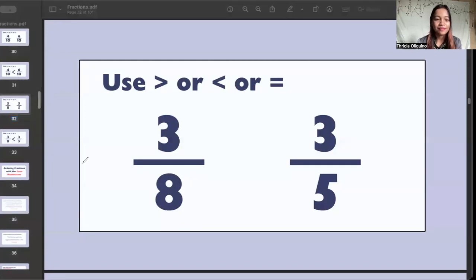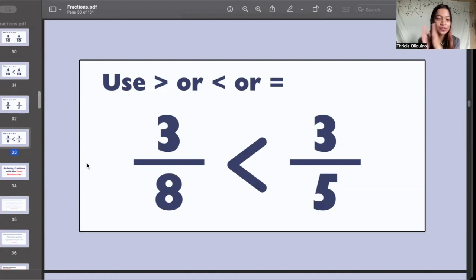Your answer is less than. Okay. If your answer is less than, give yourself 3 claps. Good job. For those who didn't get the answer, it's okay. We can just try again next time, and teacher Trisha will help you to understand it clearly and well.